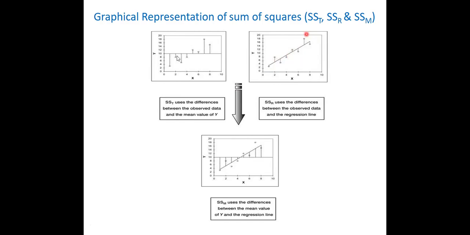Whereas for the mean line, it's the same thing: some points are above, some are below. If you square the deviations and sum them, you get the sum of squares total, because that is the total variation in the data set for the outcome variable y. The total variability is how each value differs from the average.